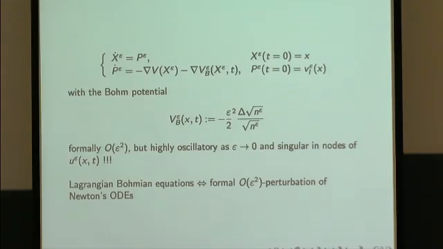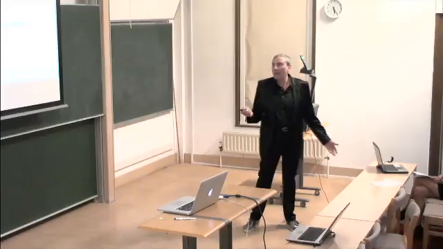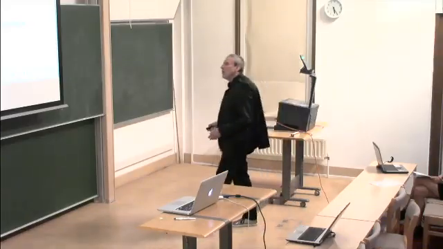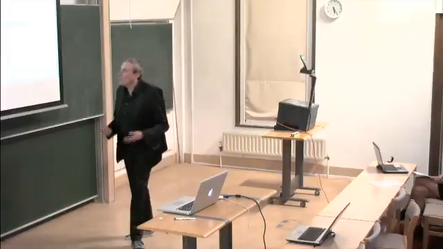And of course it's highly singular in the nodes of the wave function. So there is a problem, but it looks intriguing, and the intriguing fact is, as I said, that the Lagrangian Bohmian equation is a formal order epsilon squared perturbation of Newtonian ODEs.